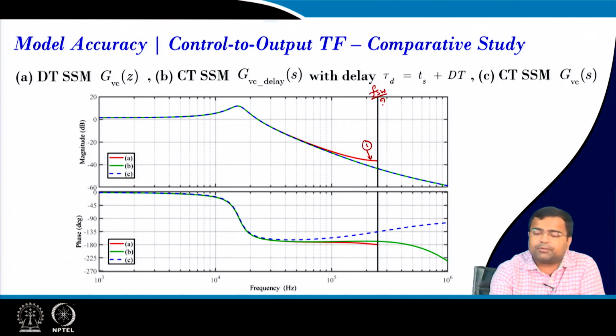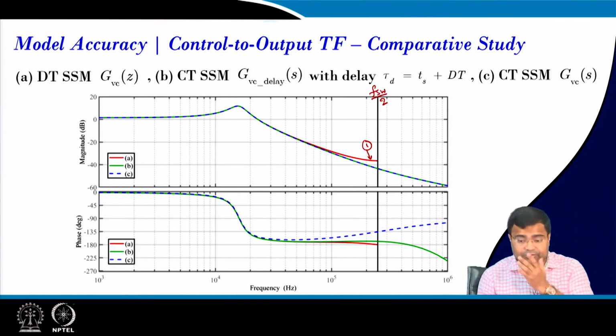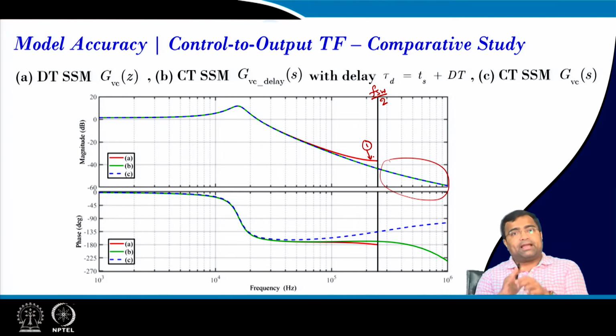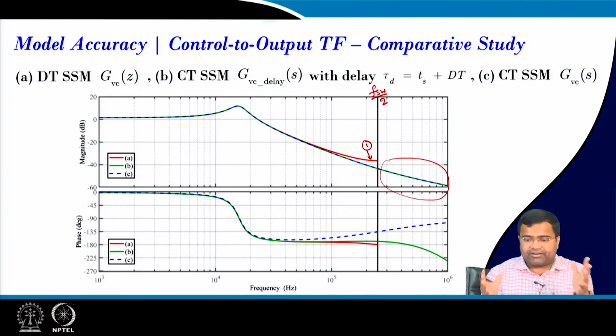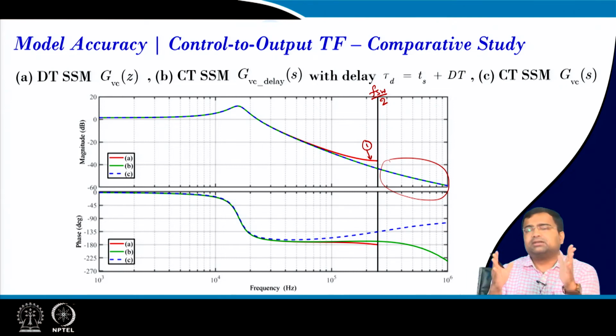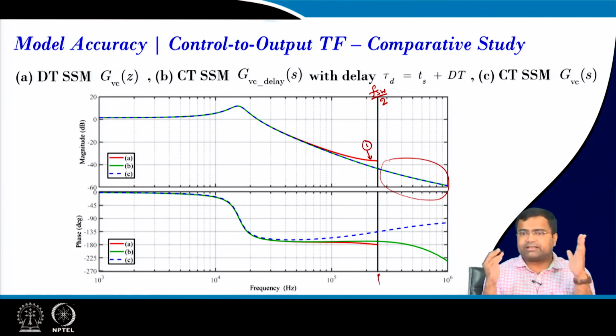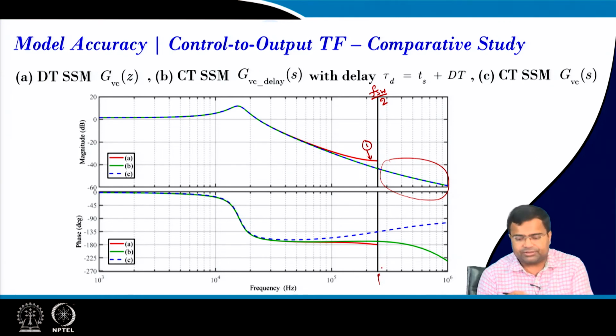This is the Nyquist frequency range, after that it is invalid. Even for continuous time it is invalid, because we are applying the averaging technique followed by linearization, so it requires a minimum of 2 cycles to get the effect. That is why all small signal models, like conventional state space averaging, are valid only up to half of the switching frequency.